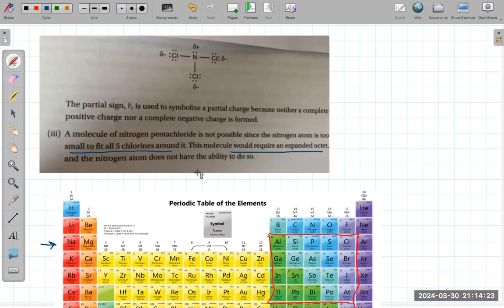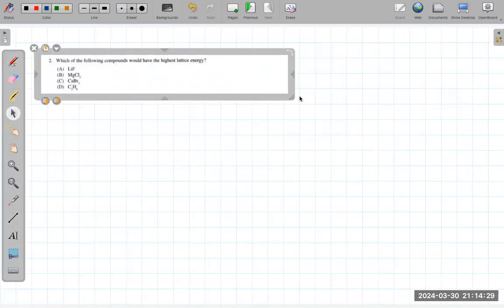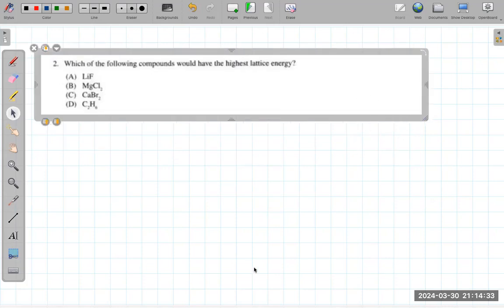Okay, second question. Which of the following compounds would have the highest lattice energy? Okay, let's see. How can you determine the lattice energy? Is there anything here which has a higher charge? What do you think?